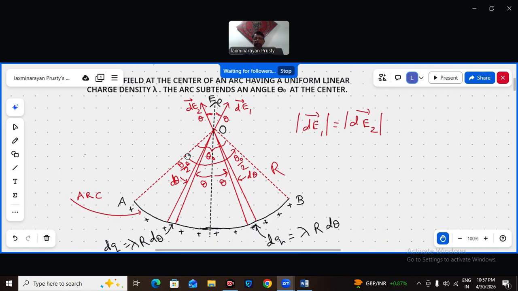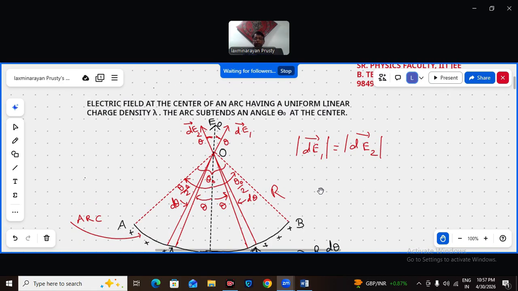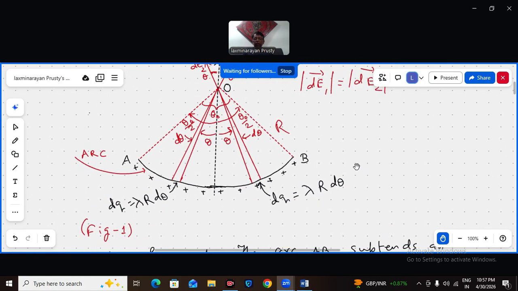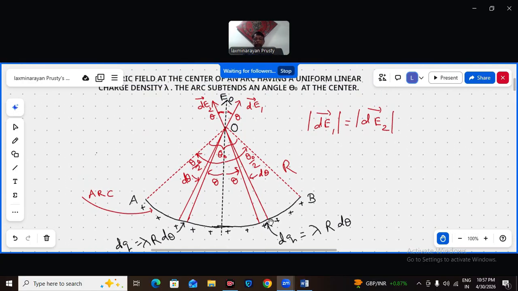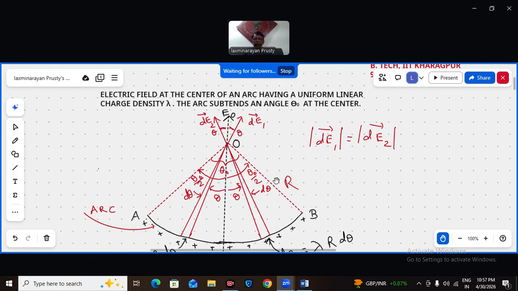The radius of the arc is r. This dotted line, as you see, is the bisector of theta naught.